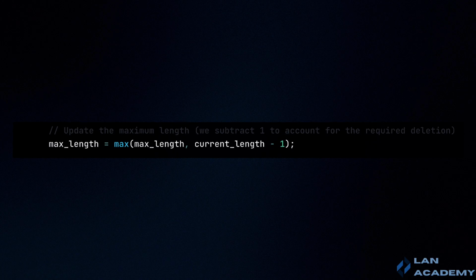Finally, I update max length by calculating the maximum between the variable stored in max length and current length minus 1. I subtract 1 from current length in order to achieve the correct answer. If I didn't subtract 1, I would include the 0 that I must remove from the subsequence in my final answer. By subtracting 1, I take into consideration the so-called clean subsequence of ones without the 0 that I must remove.